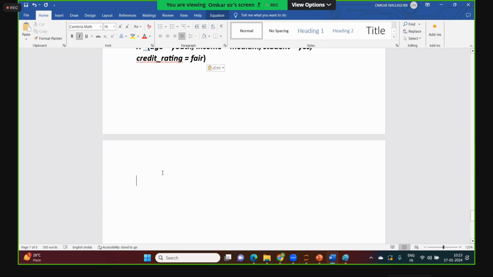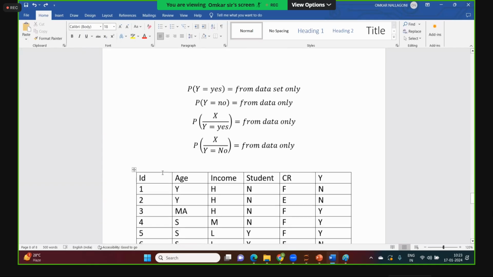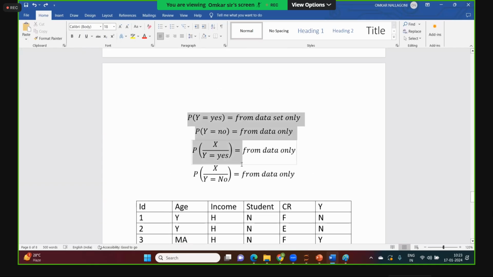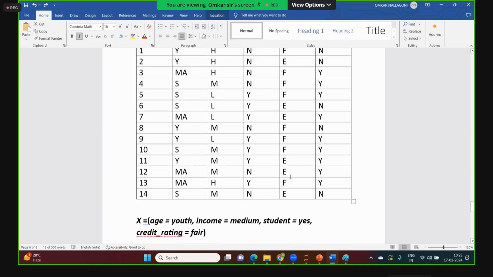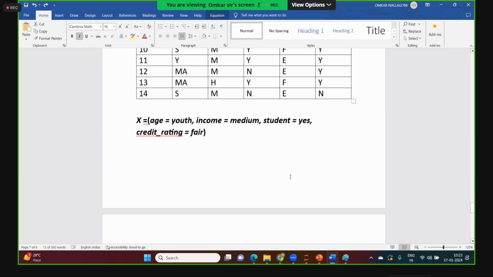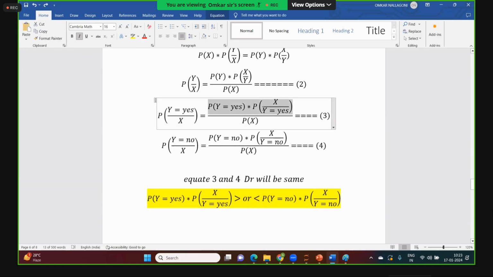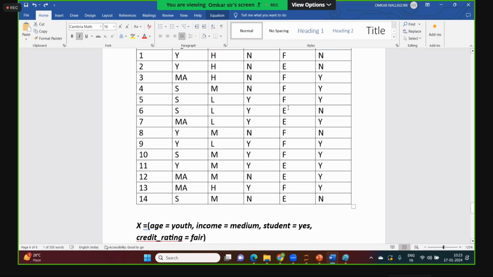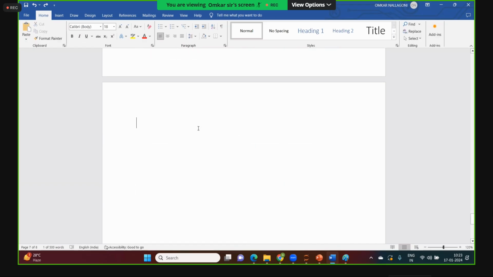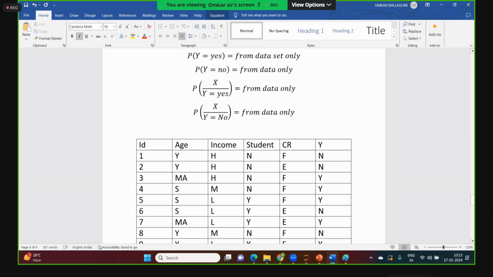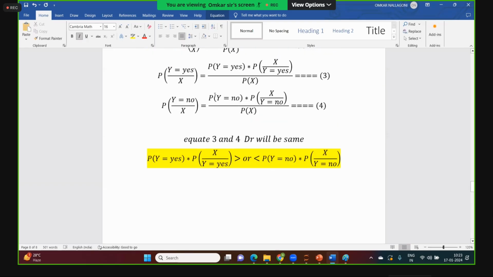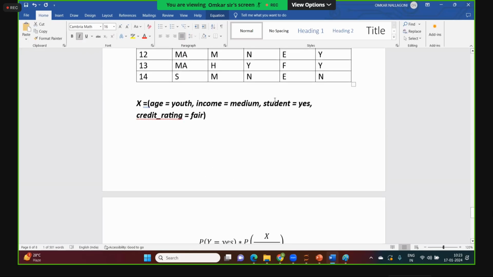So your formulas are, this is the one formula, and you need to find one more thing. You need to get these, these 4 you need to find. Equation 3 and equation 4.